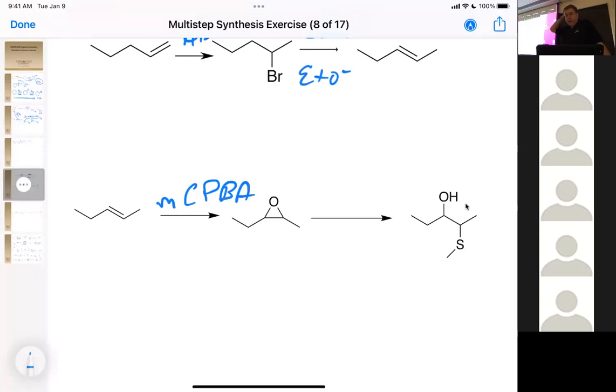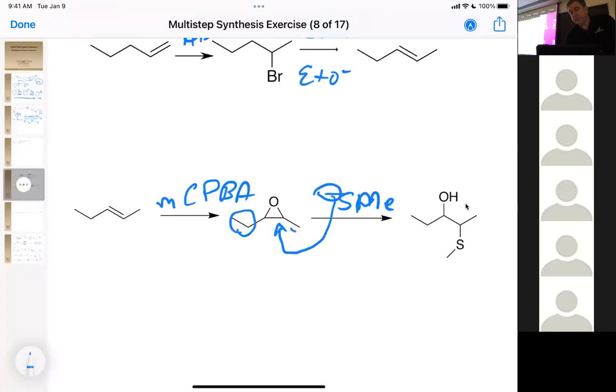And then what did we attack it with to make that crazy looking thing? Got to go all the way back to chapter 6. We attacked it with S-, and oh, it's got a methyl group on it. So we made a good nucleophile out of our sulfur compound, and because they're both substituted one way, and we don't have any acid, it's going to just open this way.